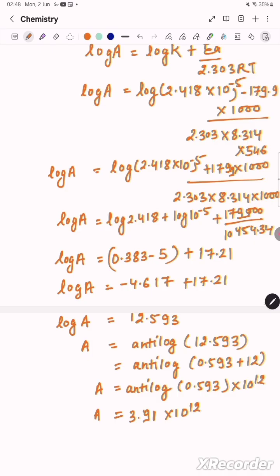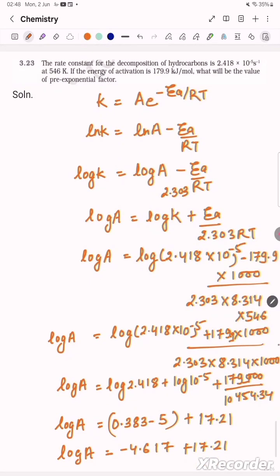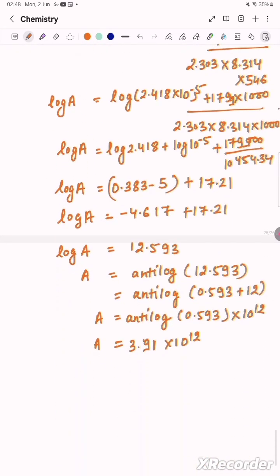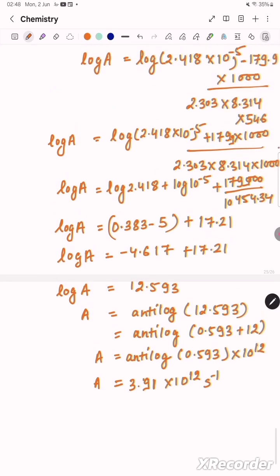The question asked about the pre-exponential factor, whose unit is second inverse, so the answer will be in second inverse. So this is how you will solve this question.